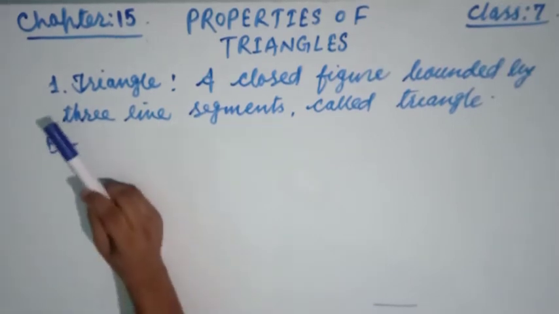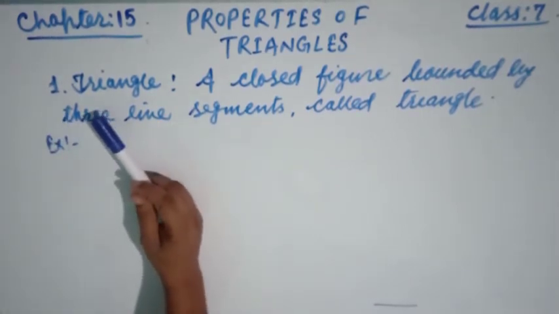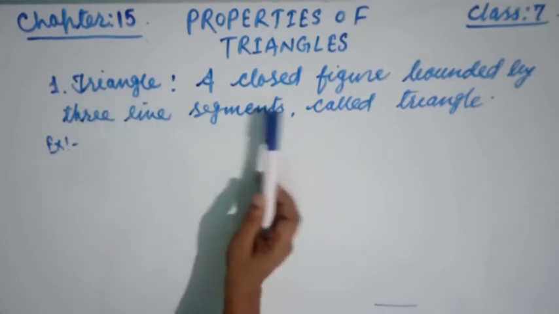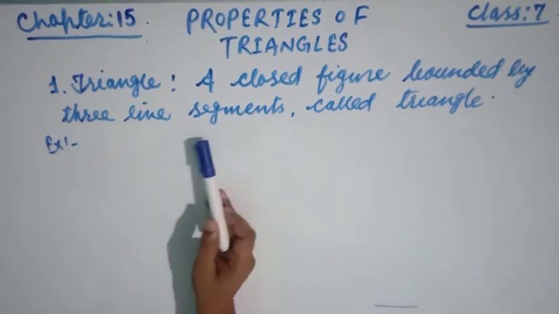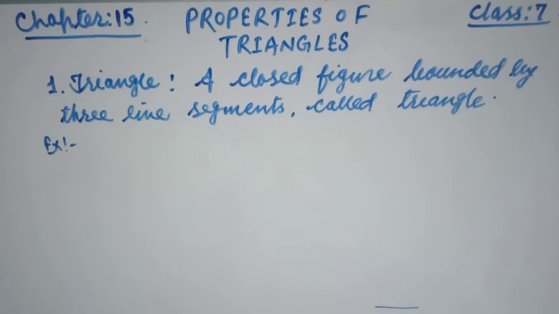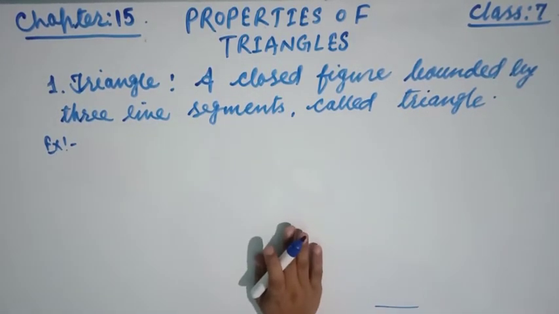Here friends, first, what do you mean by triangle? A closed figure bounded by three line segments is called a triangle.